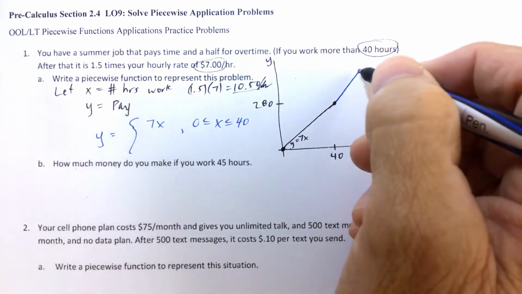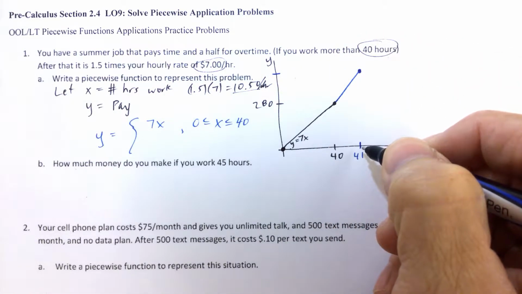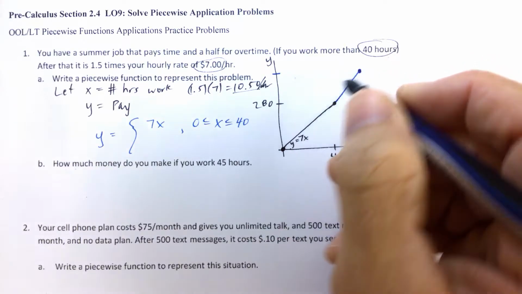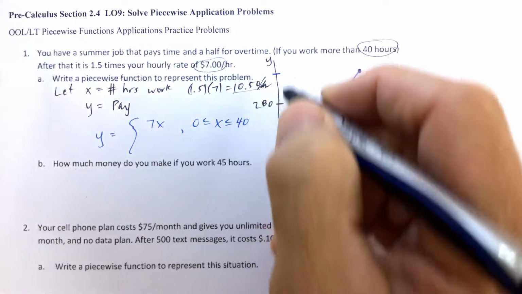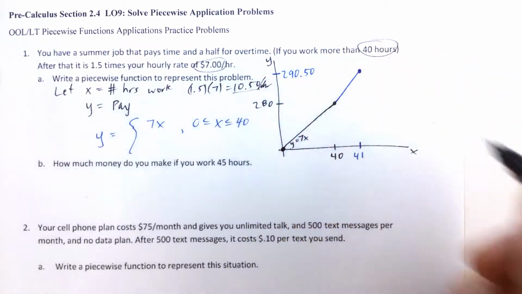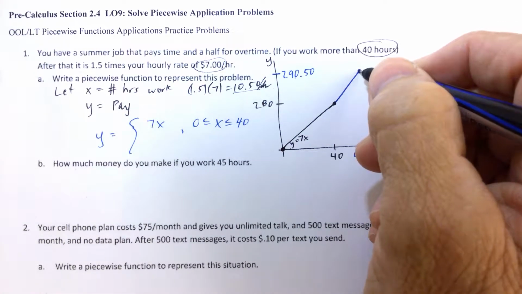But we can get back to that. If I made $10.50 for that next hour, well, I've already made $280, and if I add $10.50 to that, I'm at $290.50. So that means I have at least a good starting point.